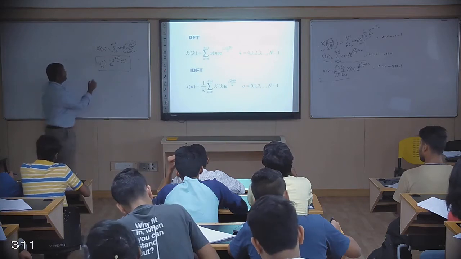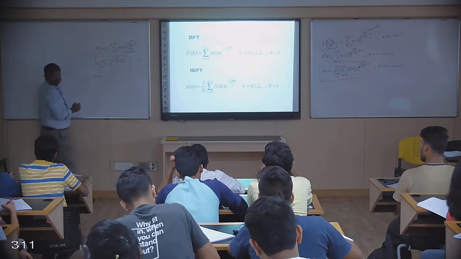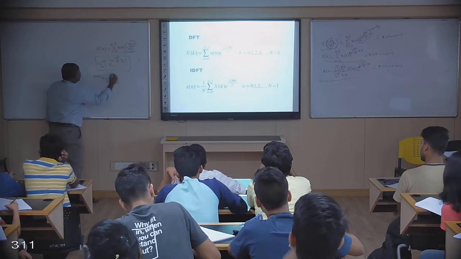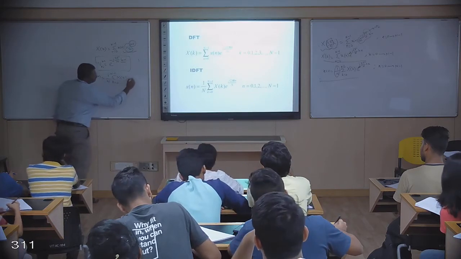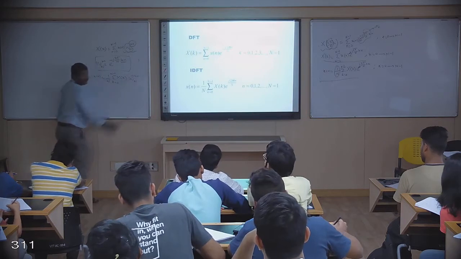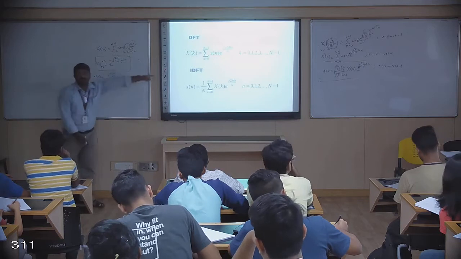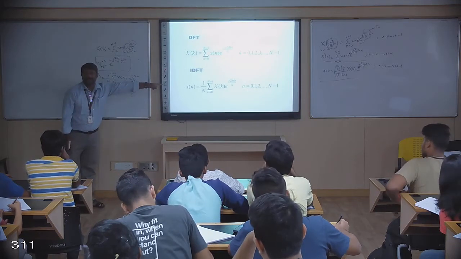So now if you are writing your inverse, 1 by N, sum over k from 0 to N minus 1 of X of k W_N to the power minus kn, you should not get confused with this minus, because in the actual formula there is no minus for the IDFT.